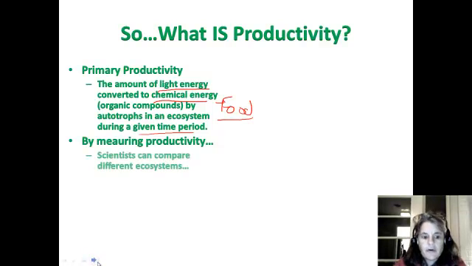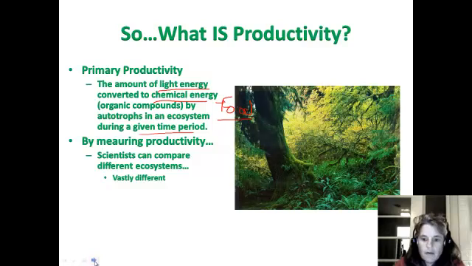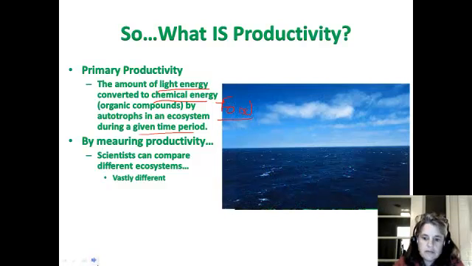Now, by measuring productivity, scientists can do a lot of things. They can compare different ecosystems to each other, really wildly different ecosystems like this desert to this rainforest to this ocean, which has been done, and we can kind of tell what's productive and what's not as productive.